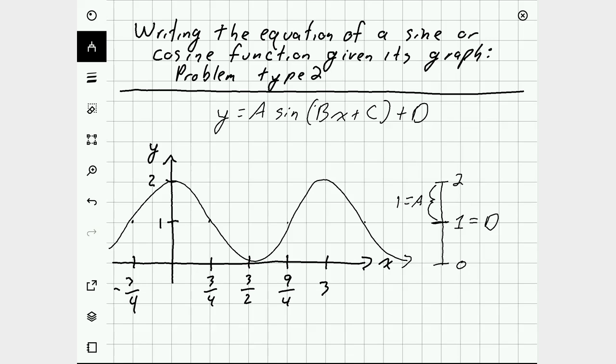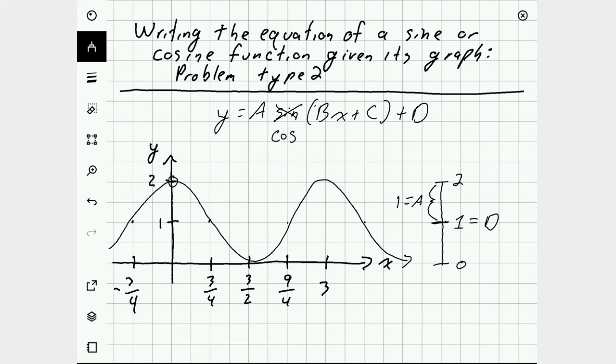The next thing I look at, again, one of the key things we have to pay attention to, is the y-intercept. In this case, we are intercepting the y-axis at a peak on this graph. So I know, because we're dealing with a peak, this is not going to be a sine function.